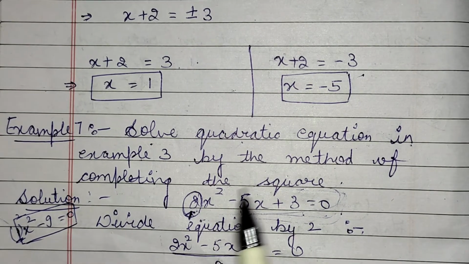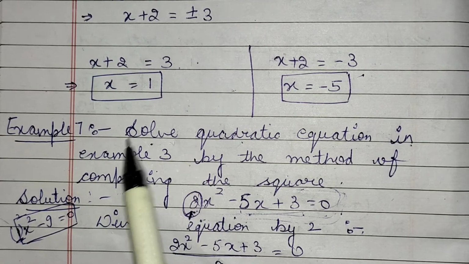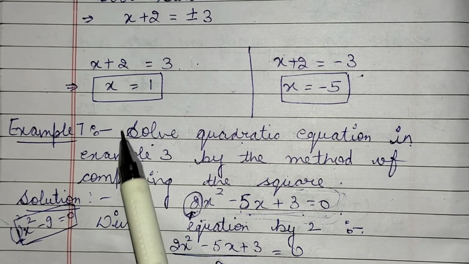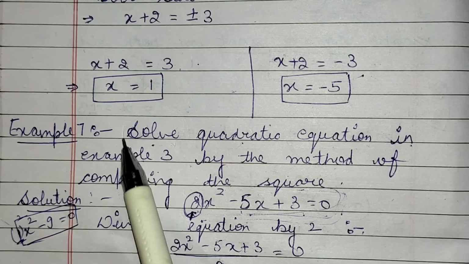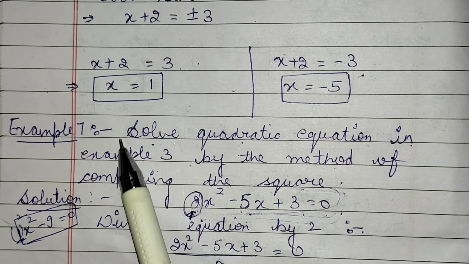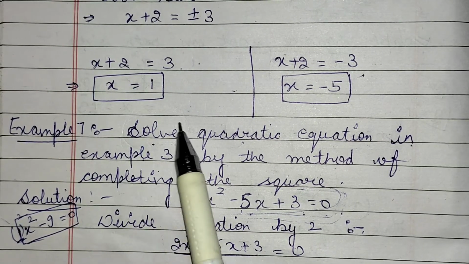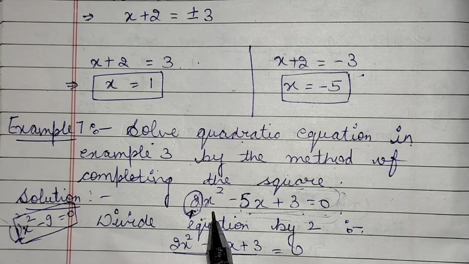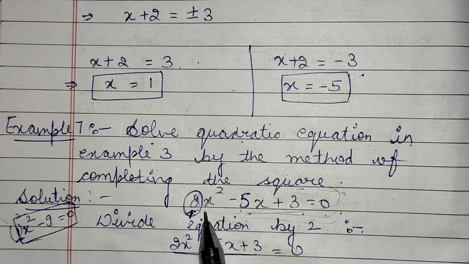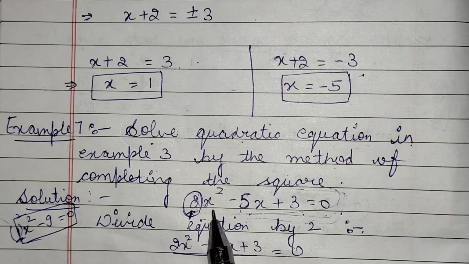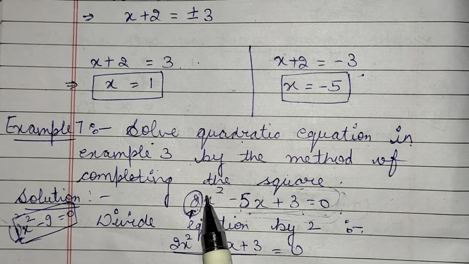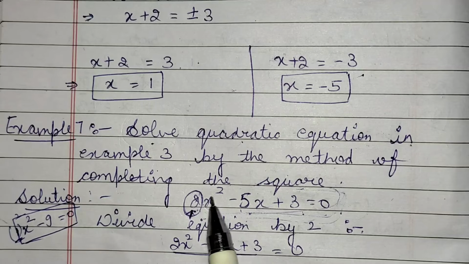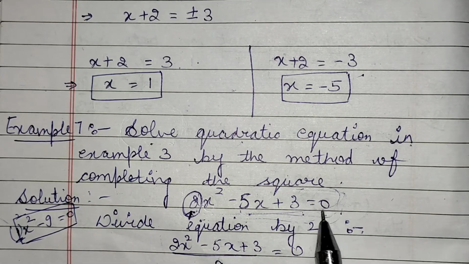So you have to solve this quadratic equation. What does it mean to solve? That means you have to find the roots of the quadratic equation which satisfy the given equation, meaning if we put those values of x in the given equation, then we will get the result as 0.